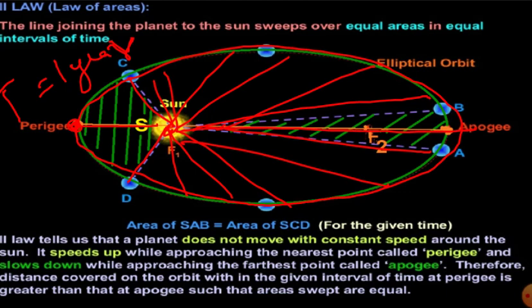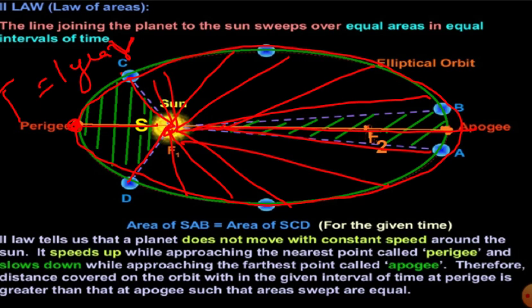So if you take the average of all these distances between the planet and the sun for one complete revolution, that distance between the sun and the planet we call simply the mean distance, or average distance, between the sun and the planet.